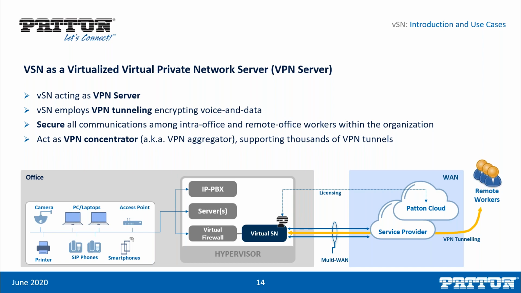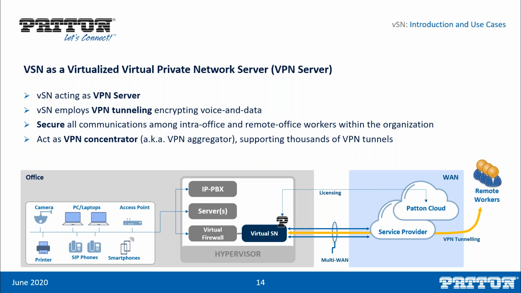And the good thing here is, because everything is virtual, we can easily scale. The way it's done is that the setup is done on a VPN tunnel by tunnel basis. So depending on how many remote workers you have that would like to connect at the same time, having access into the enterprise, the exact number of VPN tunnels you would load onto the Virtual SmartNode, which is done in an easy way out of the Patton Cloud.